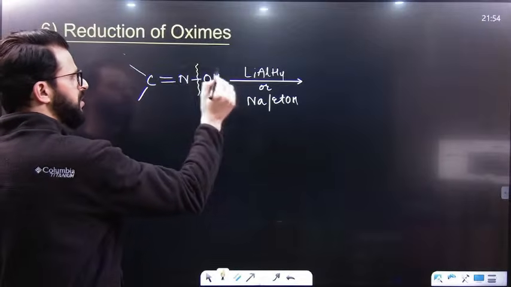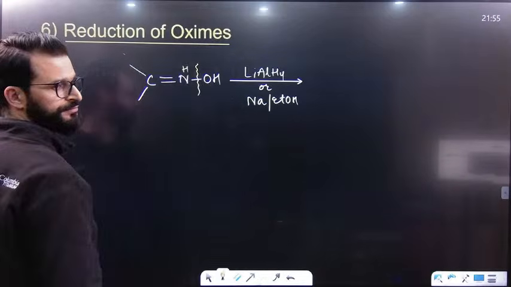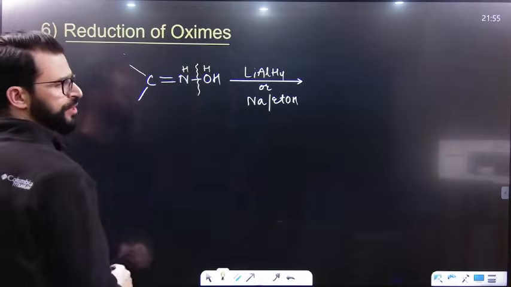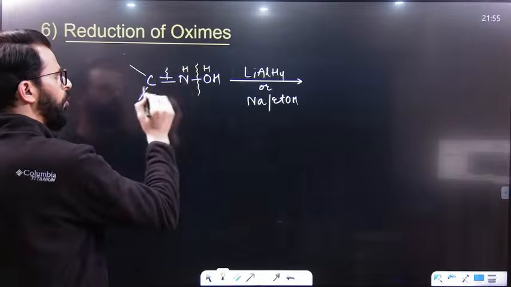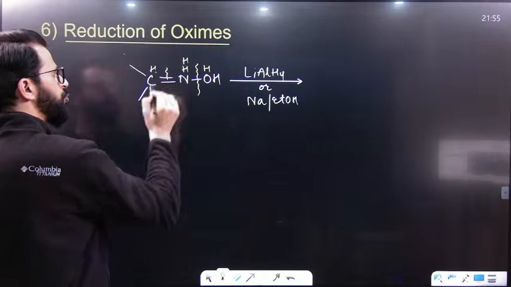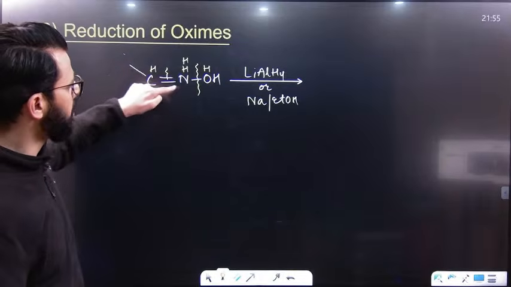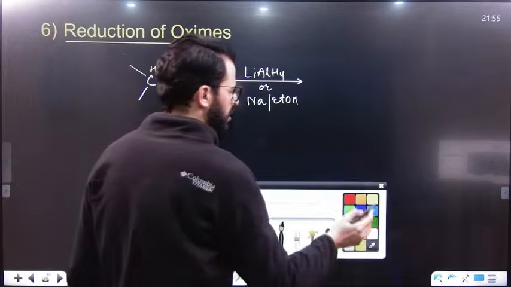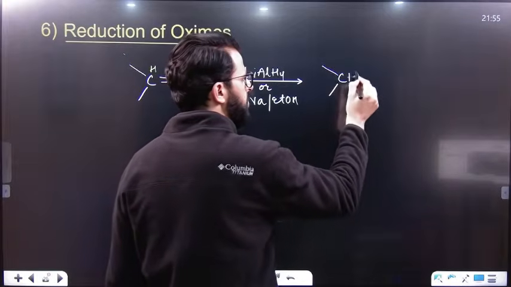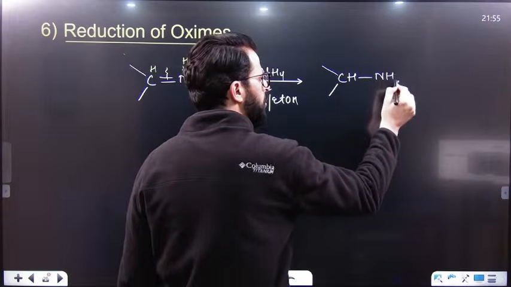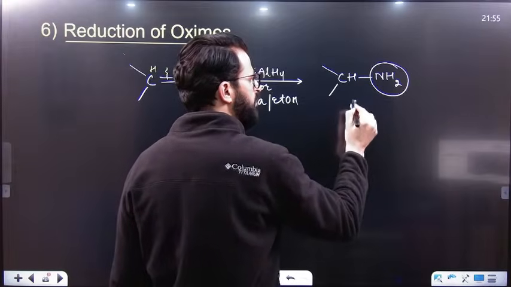Give H to this and H to this. After that, break one more bond. Give H to this and H to this. So this becomes CH single bond NH2. As you know, the NH2 functional group is there. So this is once again a primary amine.